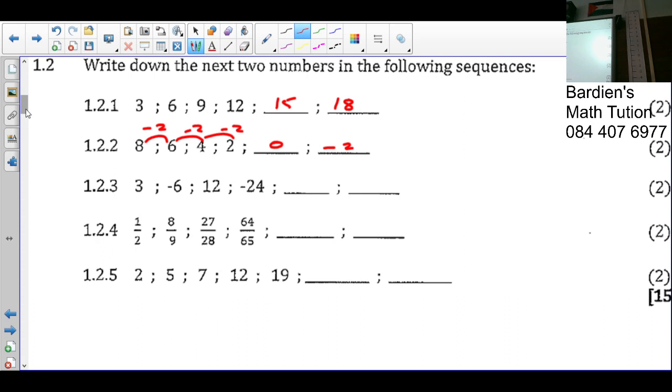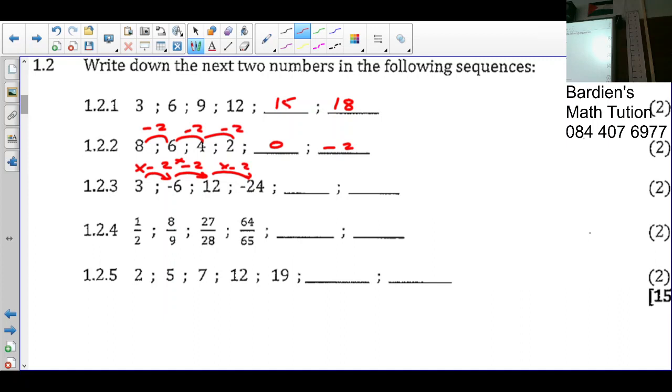How else do I move from 3 to negative 6? What do you think? Anybody? Times negative 2. Yes, well done.